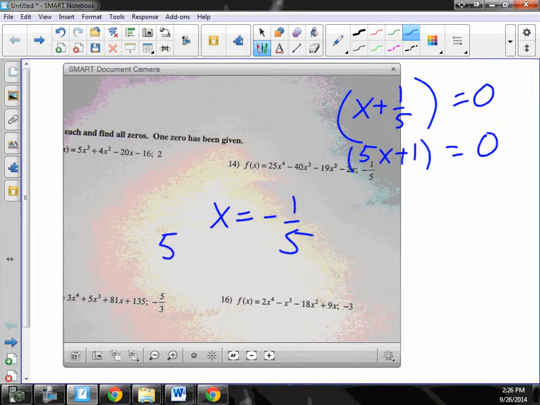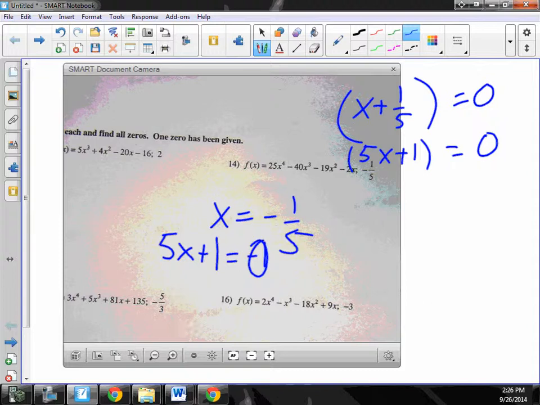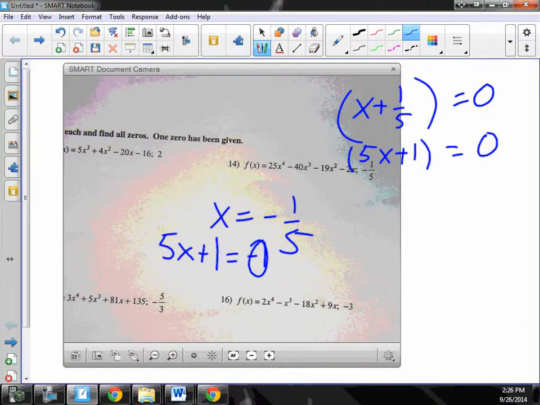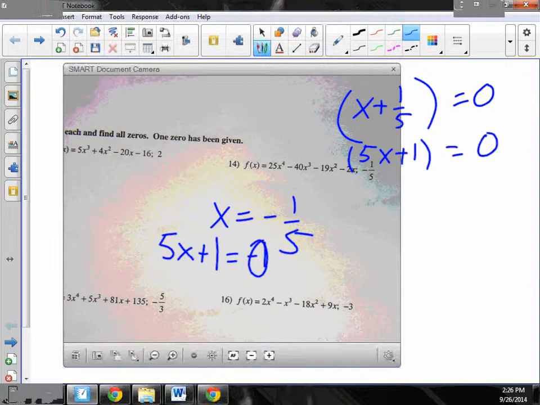Multiply. How do I move the negative 1 back over? You add it, and now it's a 0. So anytime you have a factor with a fraction, move it to the other side and then multiply it by the denominator. You can still do division with fractions, but you don't want to. That's a royal pain. So that one we'd do the box with 5x and 1.